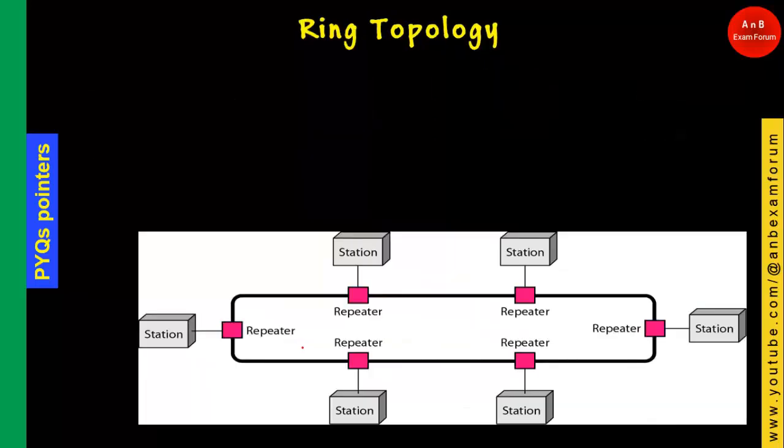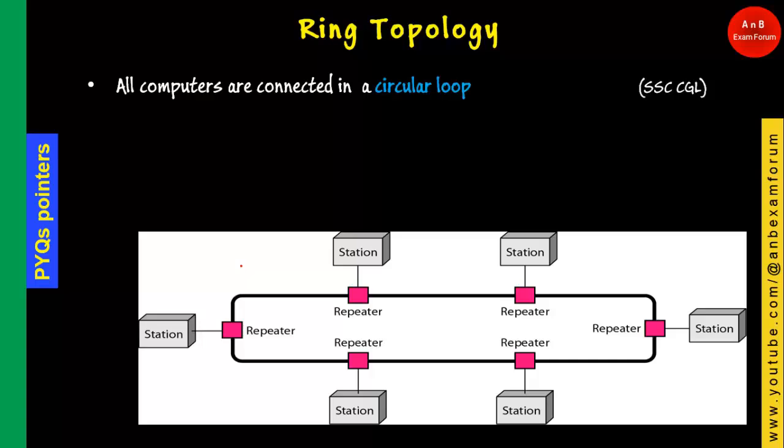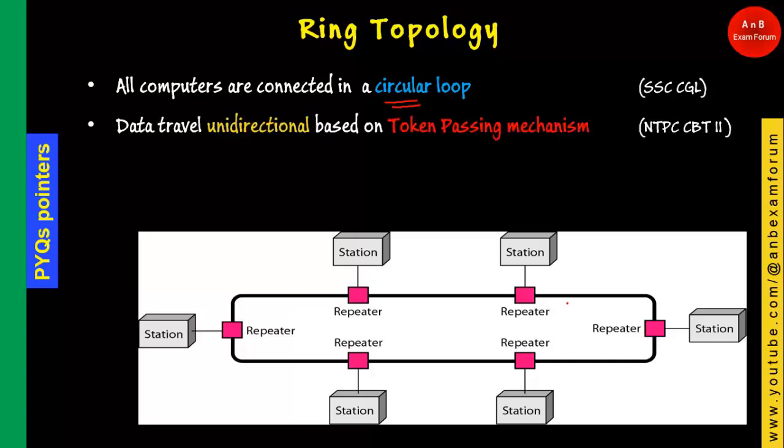Next one is the ring topology. Let's see the important characteristics. As the word suggests, all the computers are going to be connected in a circular loop. So you can see in the figure that all the stations are connected in a circular loop and data travels unidirectionally.